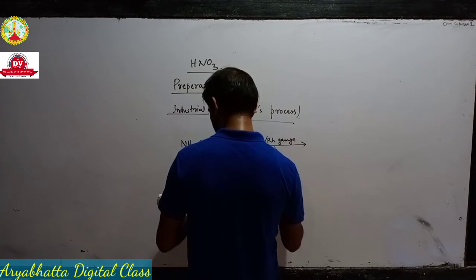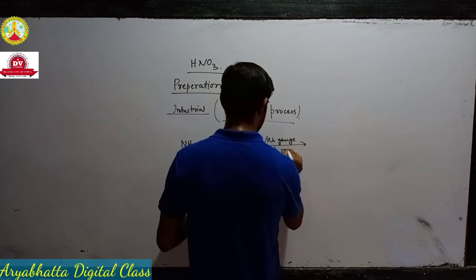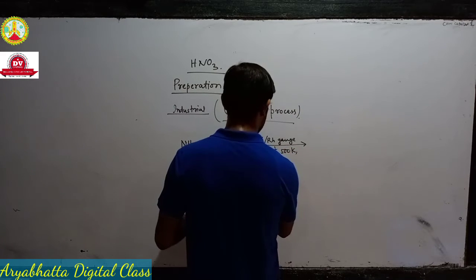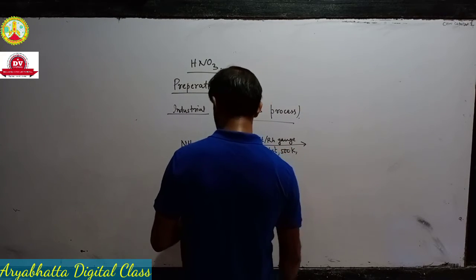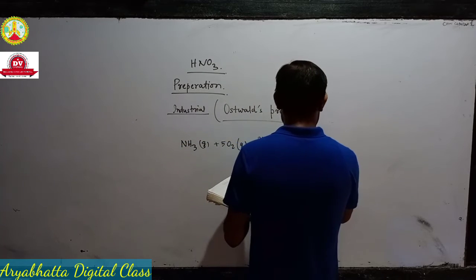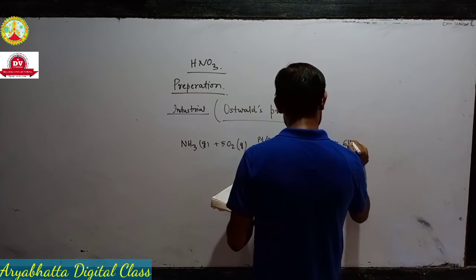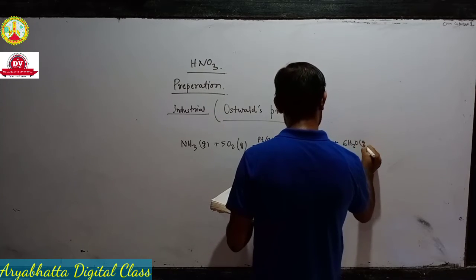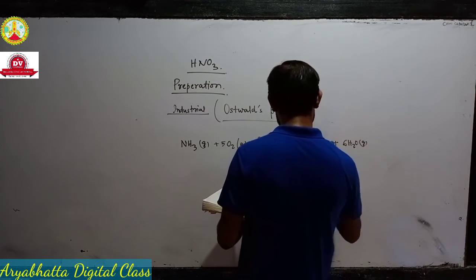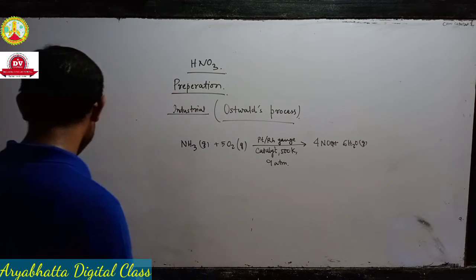We will need a platinum catalyst, 500 kelvin of temperature and 9 atmospheric pressure, and we will get 4 NO plus 6 H2O gas.